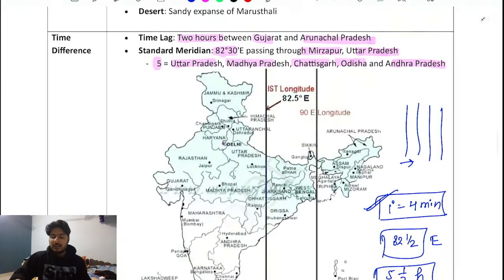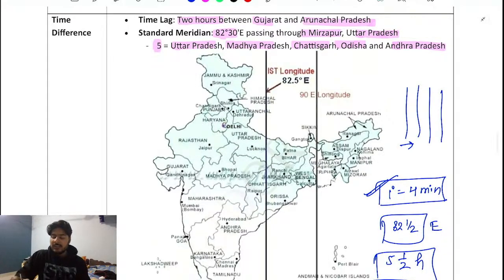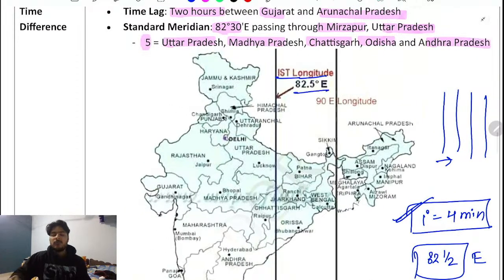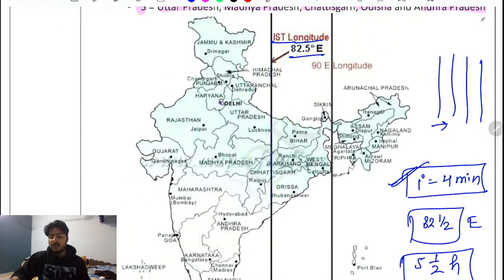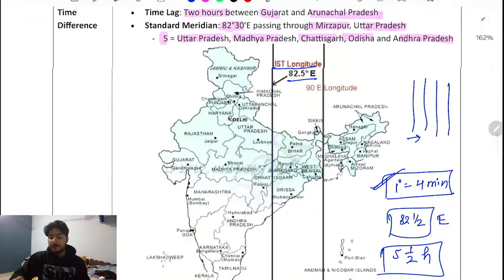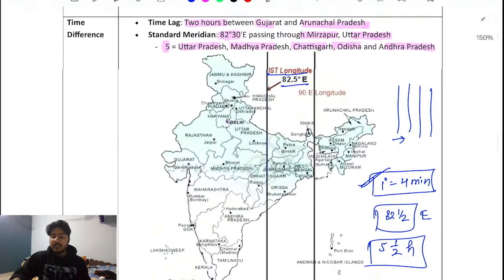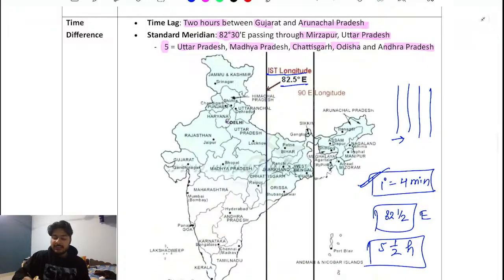Now, if I talk about time difference, we are measuring Indian time from the Indian Standard Time, which passes through 23 and a half east, and it passes through Mirzapur. From here, definitely there's a difference from the time in Gujarat, in this region, for example Guhar Moti, or Kibithu.